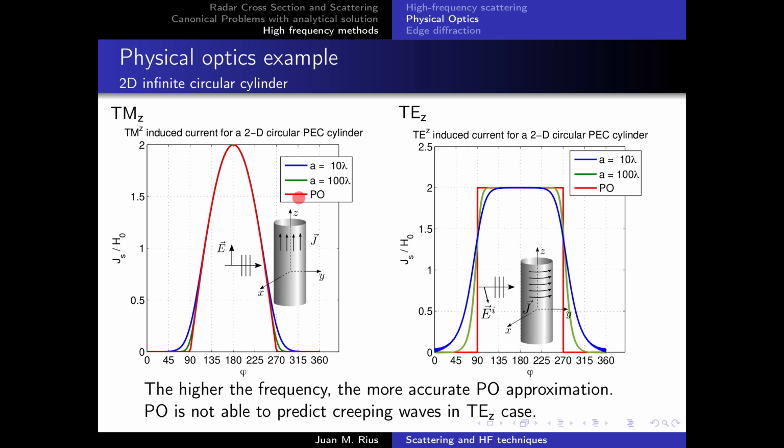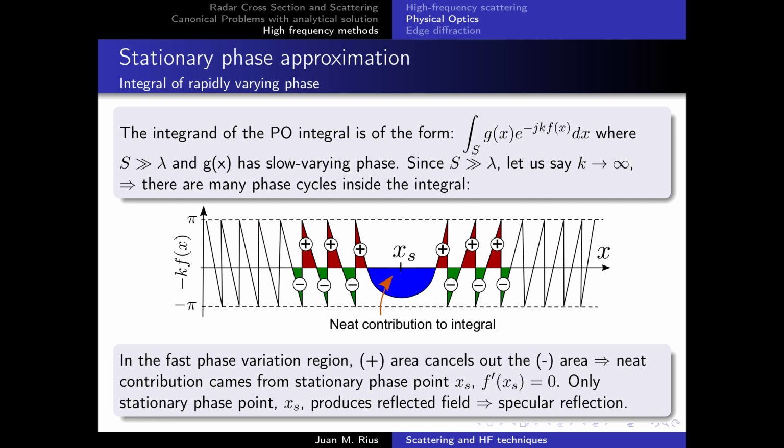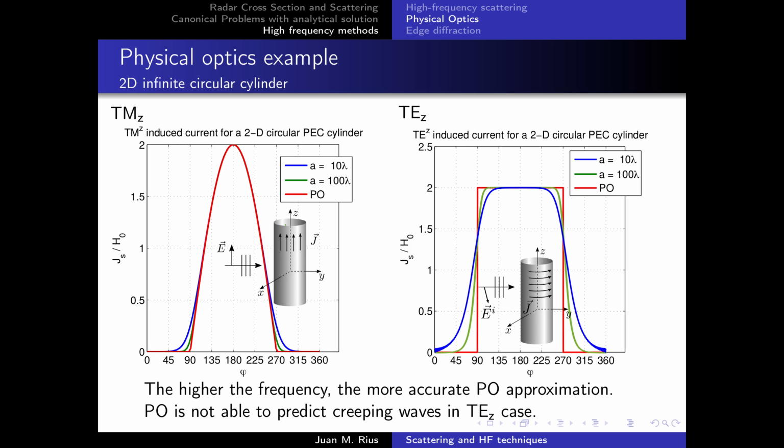In fact, physical optics is a high frequency approximation, so it works very, very well when the radius of the cylinder is very large compared with lambda. We can see clearly that the current is different than 0 on the illuminated region. The illuminated region is this.